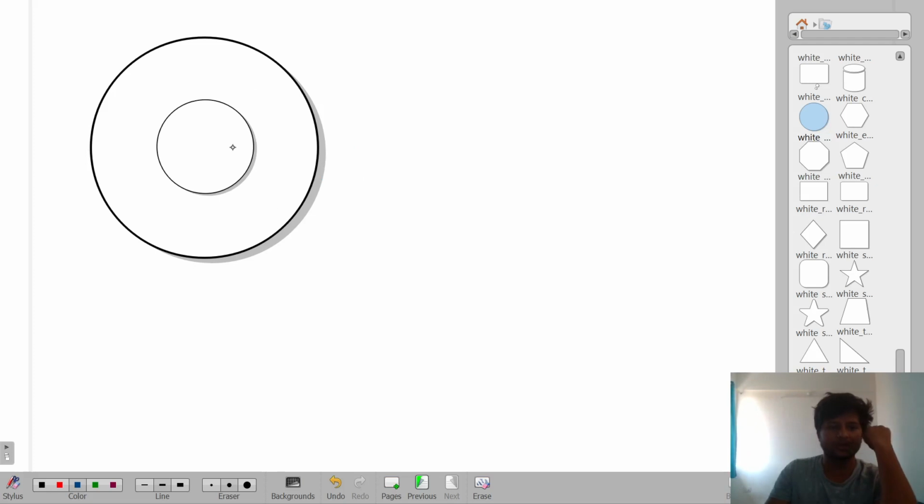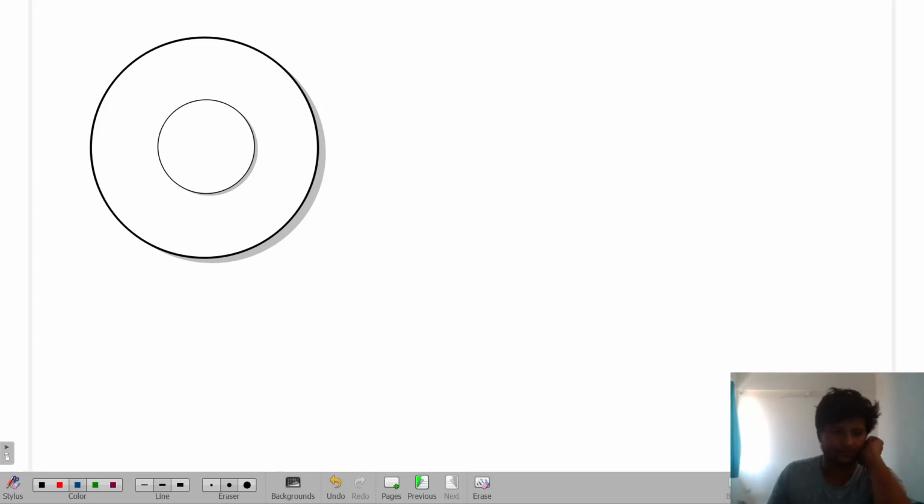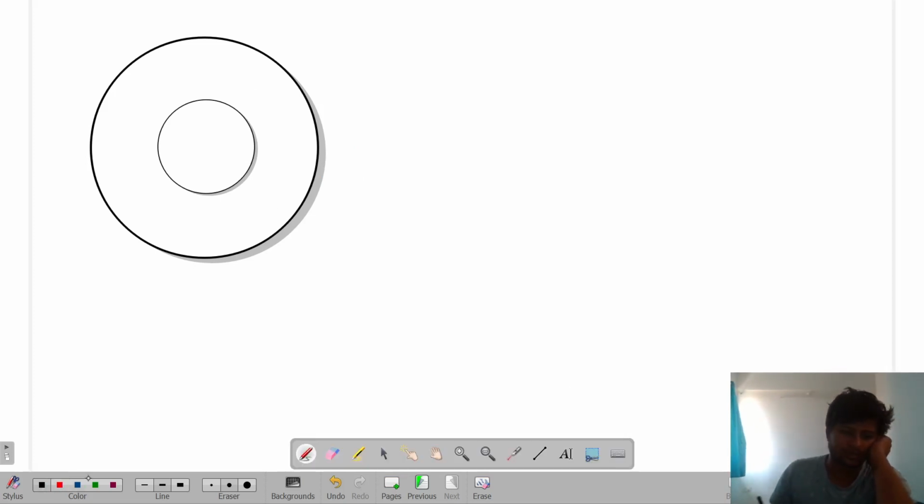Okay, so once again, there are two concentric spheres. But this time, this is as usual R2 and R1. Is that clear? And this has charge Q1 and this has charge Q2.